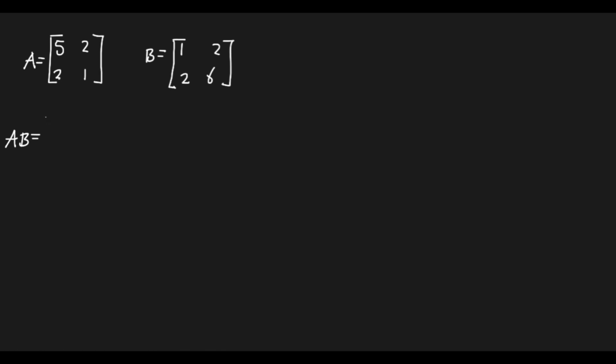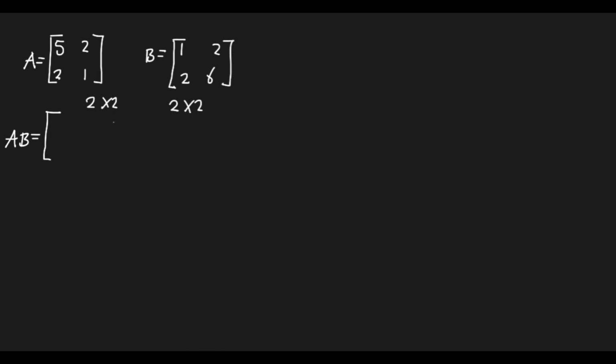Now, during multiplication, we need to understand that we are going to use the row by column principle. Let's first determine the order of matrix A. Matrix A has the order of 2 by 2, and also matrix B has the order of 2 by 2.